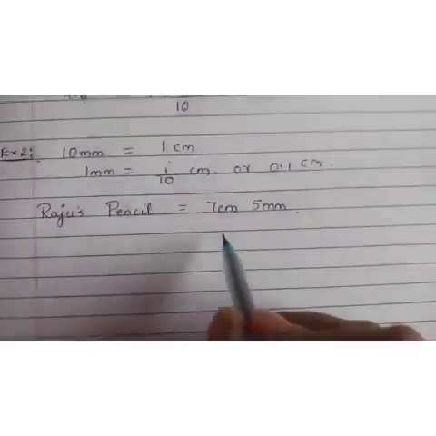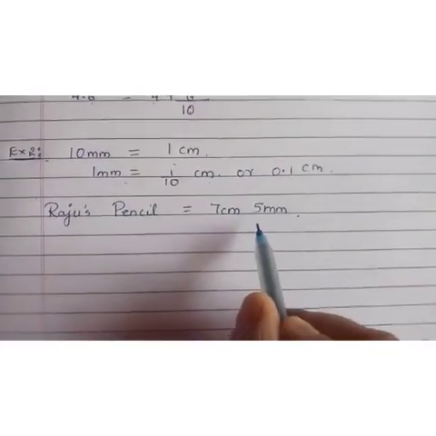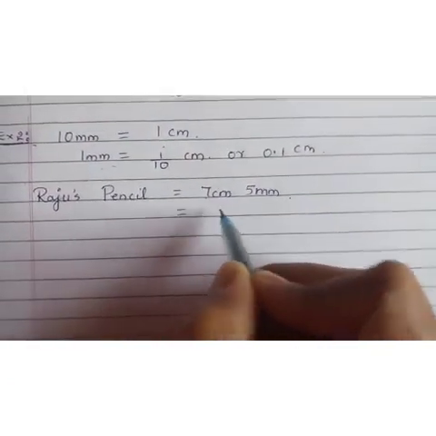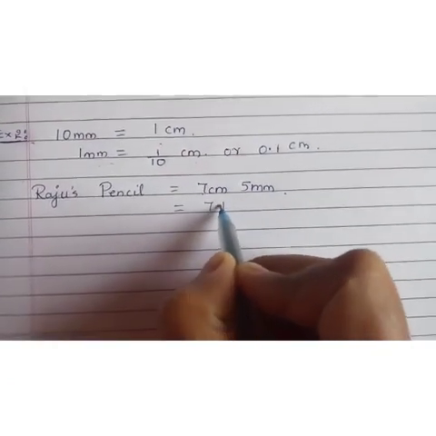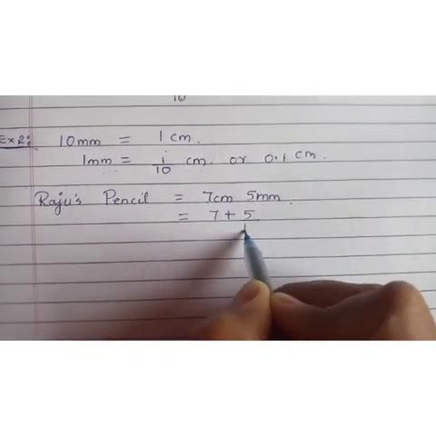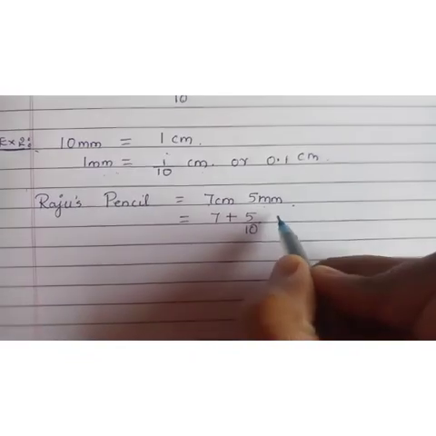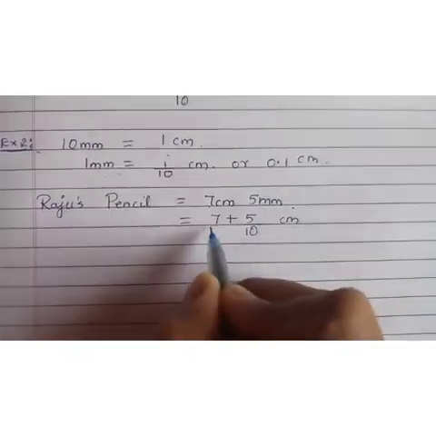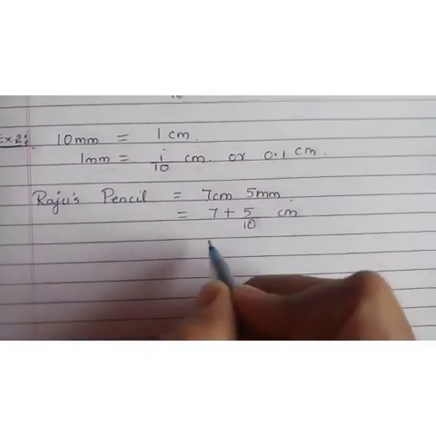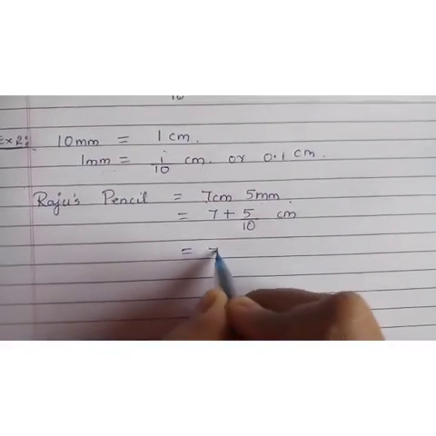So Ravi's pencil is 7 centimeters and 5 millimeters. So this is a whole number. So we can write it as 7 plus 5 millimeters. I can write it as 5/10 centimeters. Both are in centimeters now, isn't it? So next step I can write it as 7.